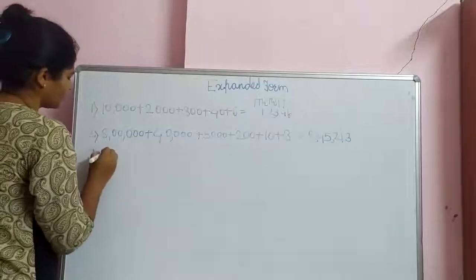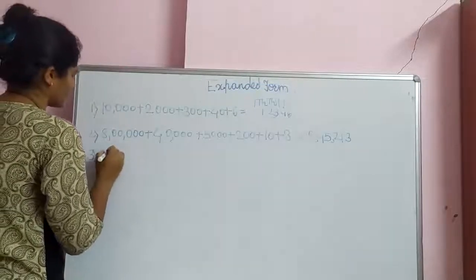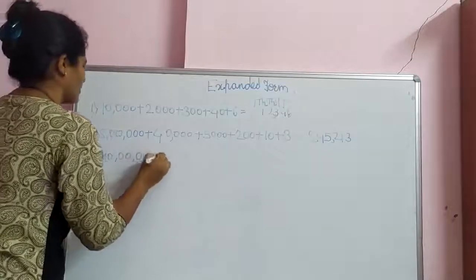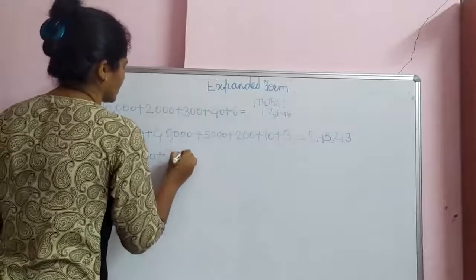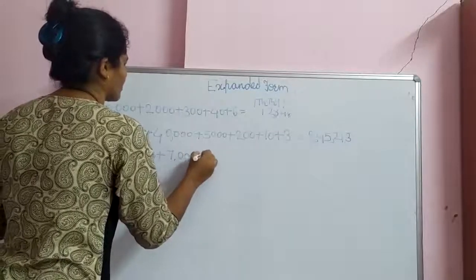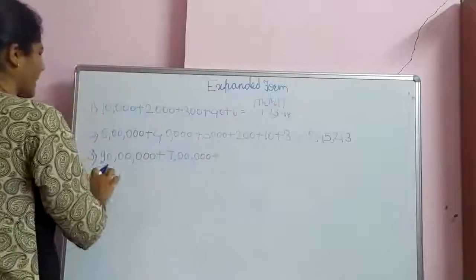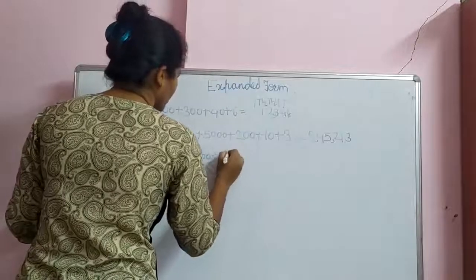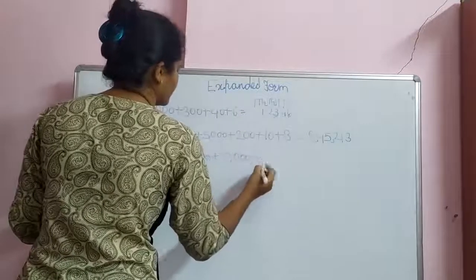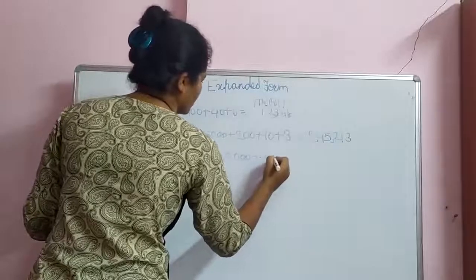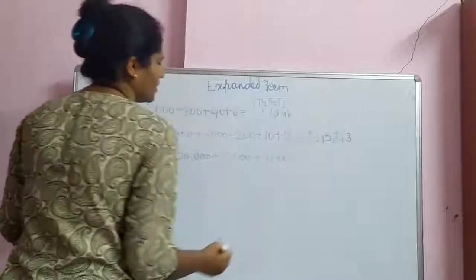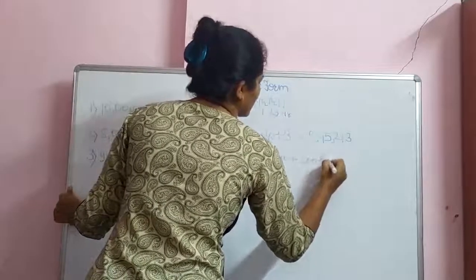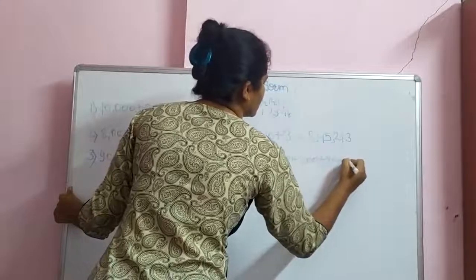Next example: 90 lakh, 7 lakh, 10,000, then 4,000 plus 200 plus 80 plus 7.